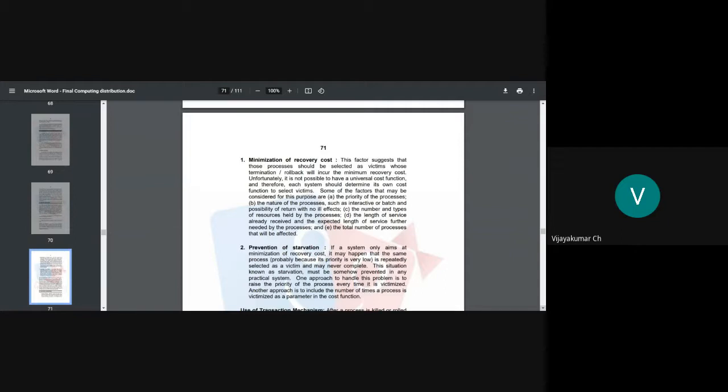So these are the factors to select the victims.